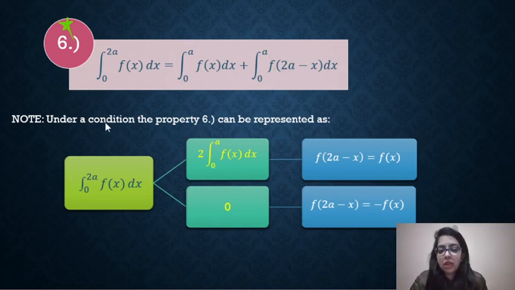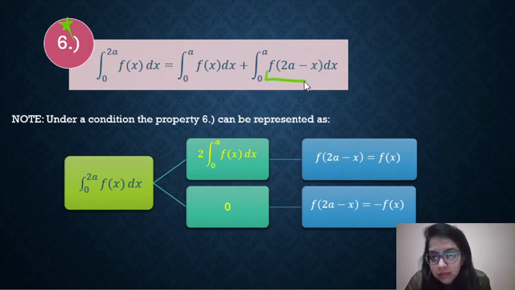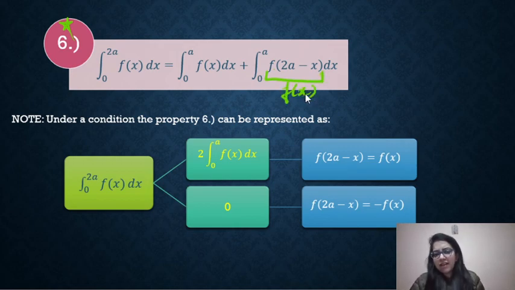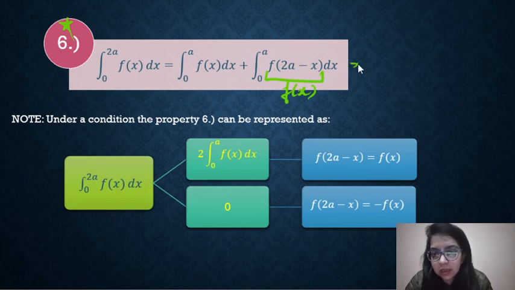So under this condition we can also say that the integral from 0 to 2a of f(x) dx is equal to, that is the first condition, 2 times the integral from 0 to a of f(x) dx when f(2a minus x) is equal to f(x). Now, we have not done anything new, as we have got that for the first condition.